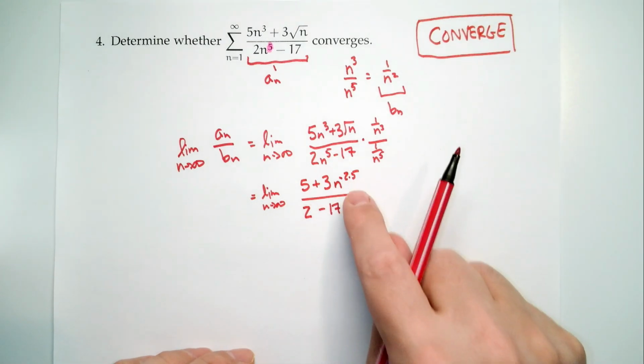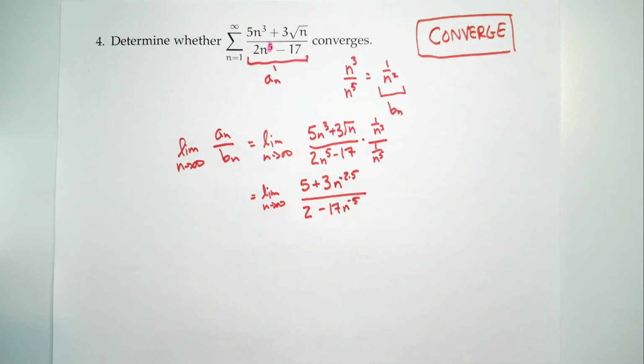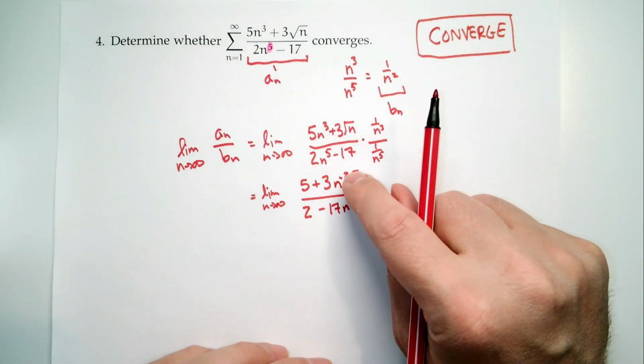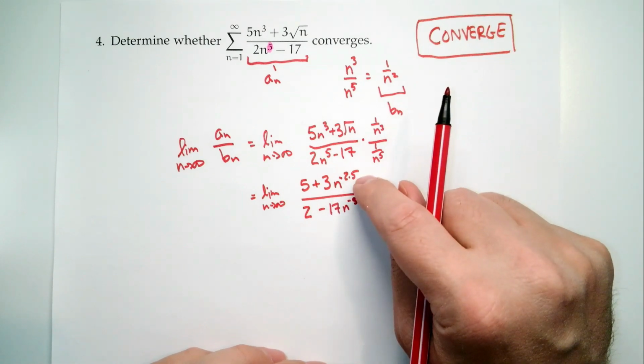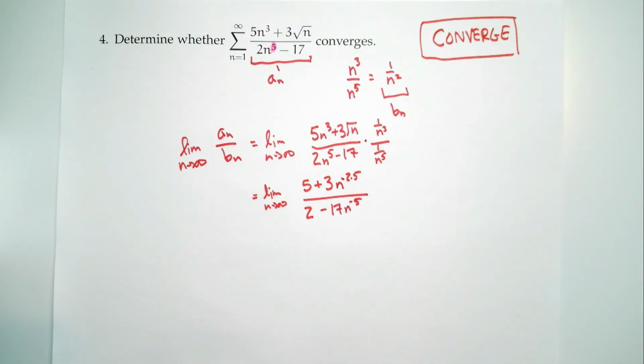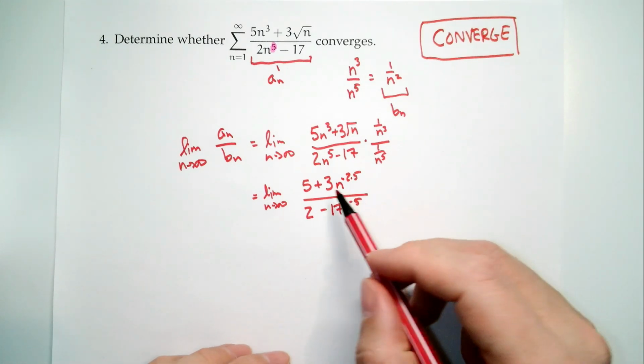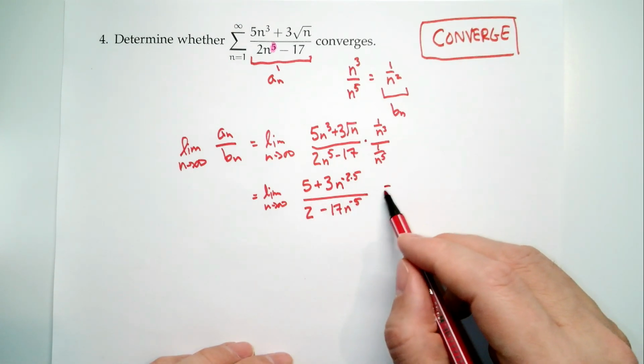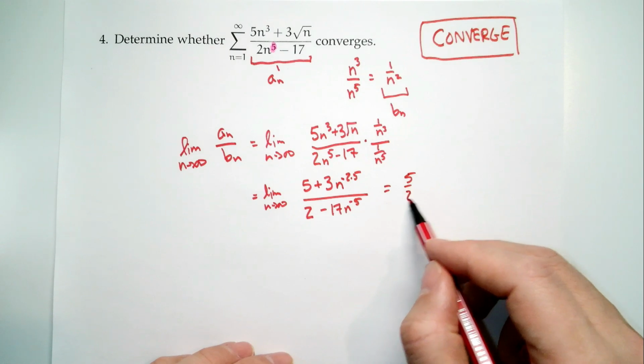Sorry, the minus is in the exponent. A large number to a negative power gets very small. So that's going to get small, and that's going to get small. So what are we left with? We're left with 5 halves.